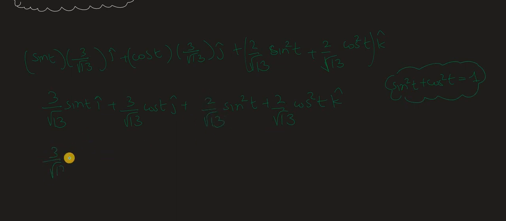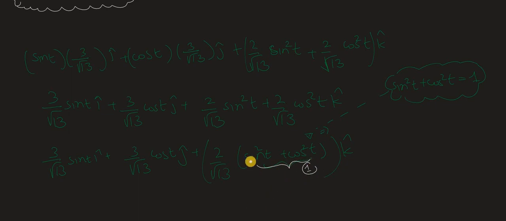So let's do that. Sine t i hat plus 3 over square root of 13 cosine t j hat. So now factoring out 2 over 13, this gives us sine squared of t plus cosine squared of t, the whole thing times k hat. So this is going to be replaced with this, giving us 1 over here. Let me use a different color so we know that we are replacing this with 1.